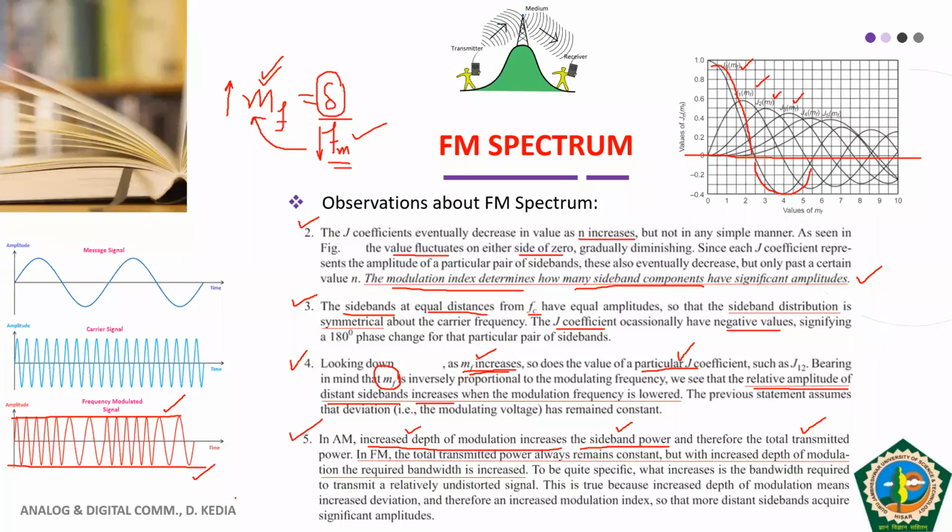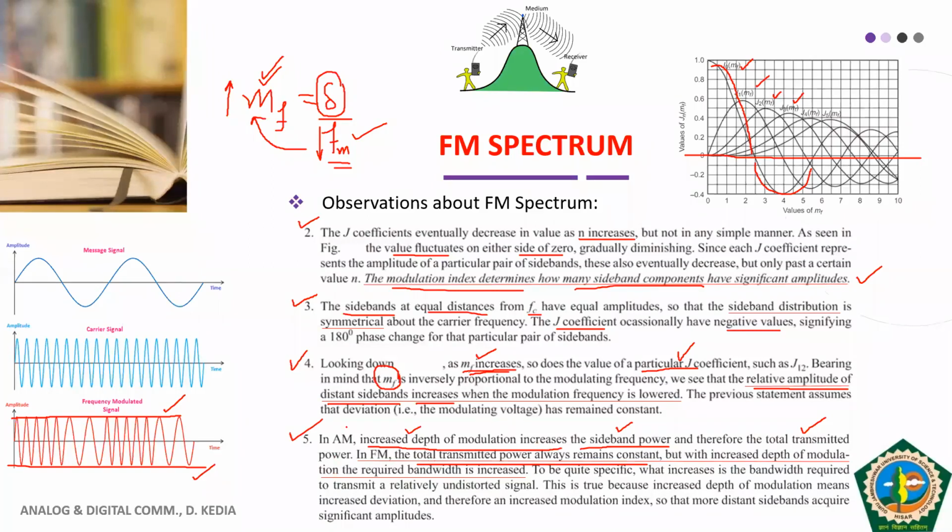So it means that when the modulation index increases, more number of sidebands become significant. So in case of FM, your total transmitted power always remains constant. I think I mixed up AM and FM.